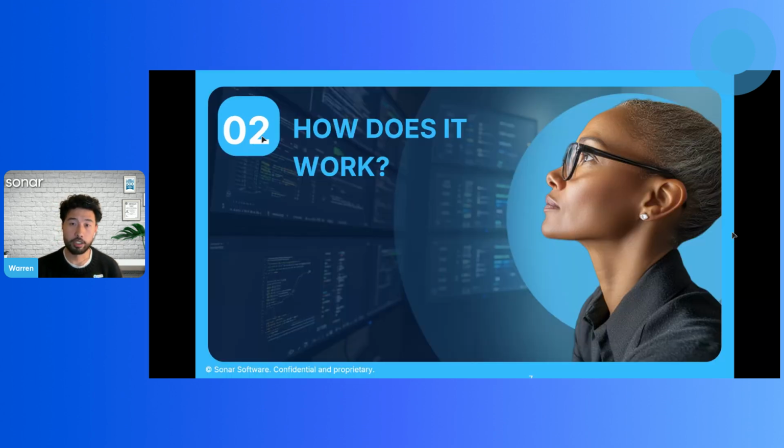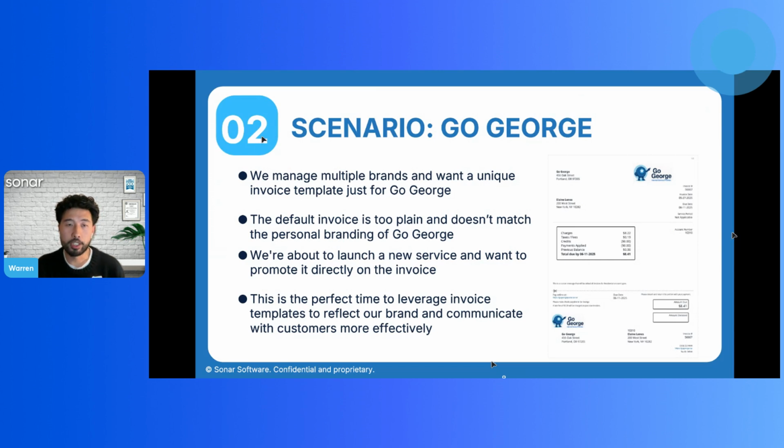So how does this work? So we're going to go into a demo of this. And for our demo, we're going to walk through a quick example where we manage multiple company brands in our instance, one of which is our company Go George. And while the default invoice is functional and serves its purpose, it feels too generic, as it doesn't capture the tone or style that makes Go George memorable to our customers.